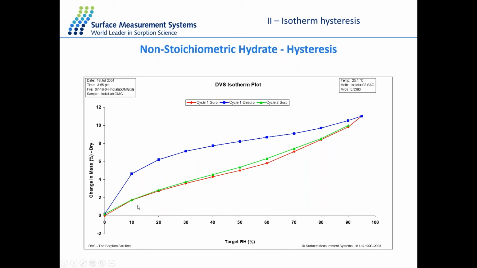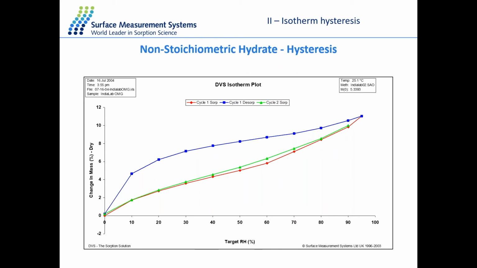As soon as I put some water into it, the sample starts picking up mass, and it's a constant absorption, and then a constant desorption. So that tells me that I cannot identify a jump, and I cannot identify a specific amount of molecule that will form the hydrate in this specific case.